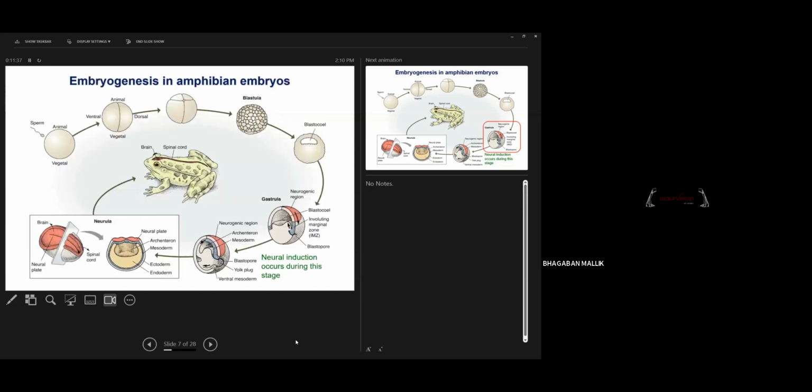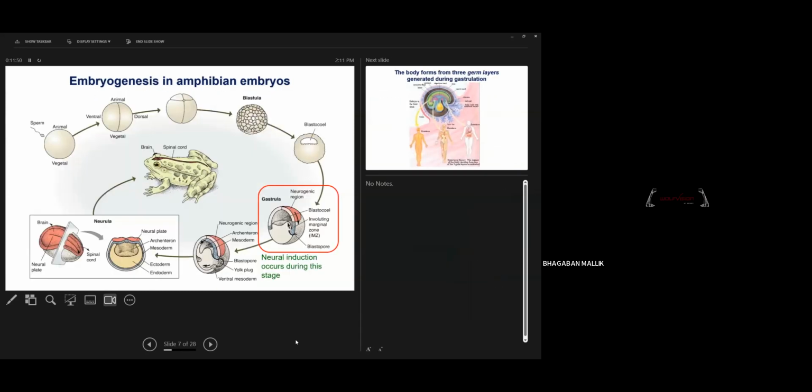Okay. As I mentioned earlier, neural induction happens during the gastrula stage, and this is one of the structures that I want to highlight. There is a specific group of cells present in this region near the blastopore, called the involuting marginal zone. Cells are invaginated inwards to form the mesoderm.